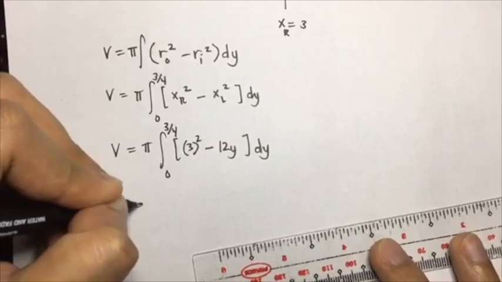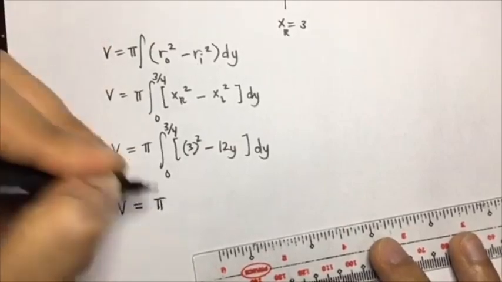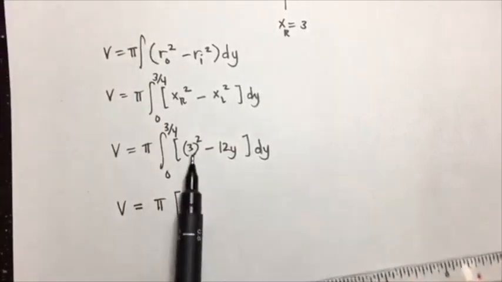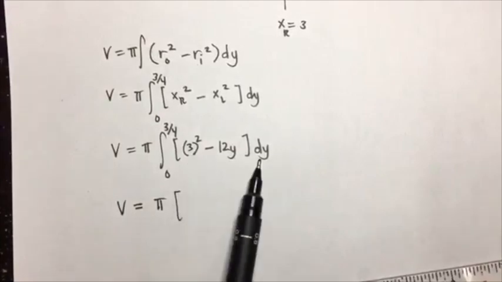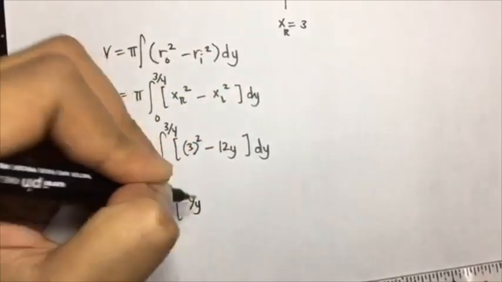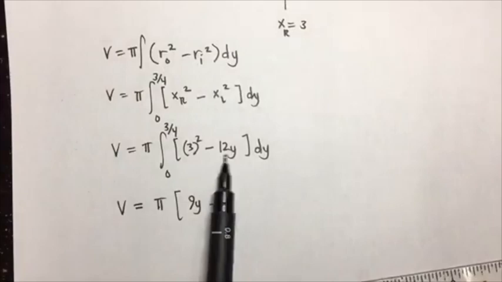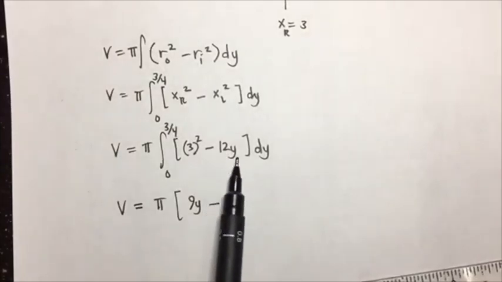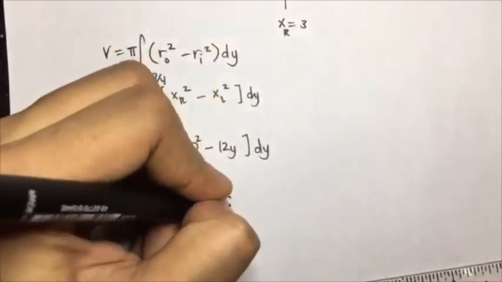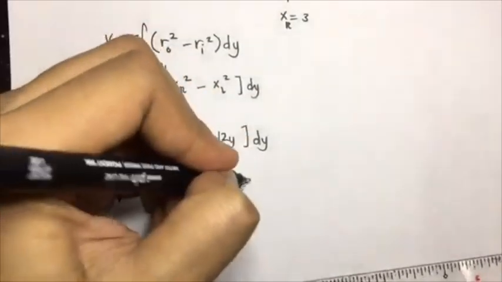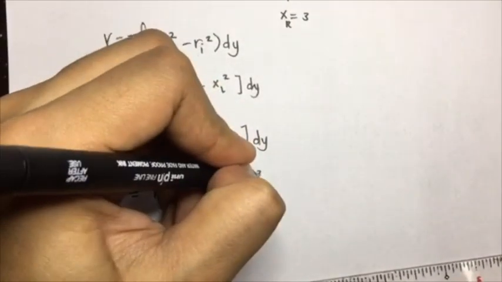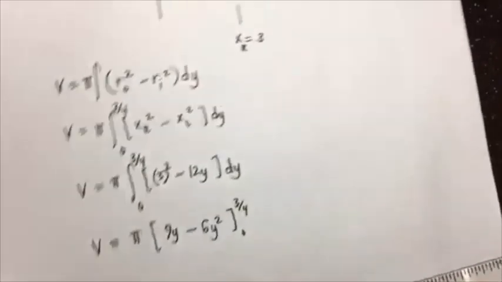So therefore V is equal to pi integrating. This will become 9, so integral of 9 dy is 9y, minus 12y squared over 2, which is 6y squared, with limits from 0 to 3 over 4.